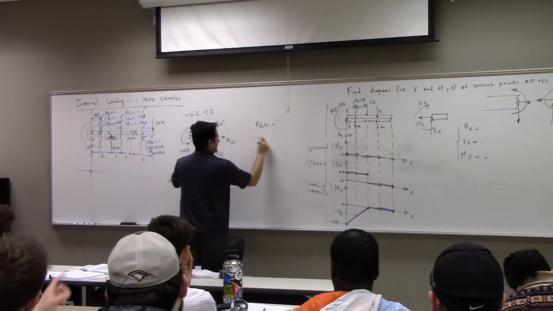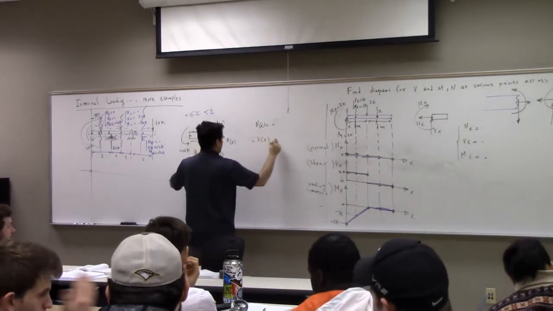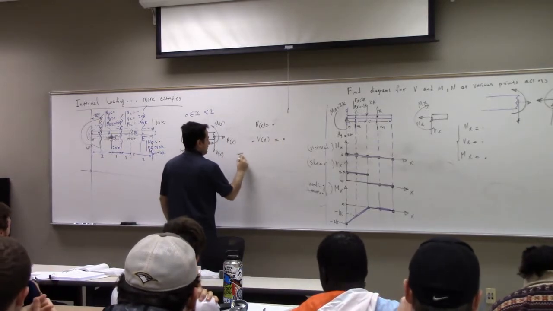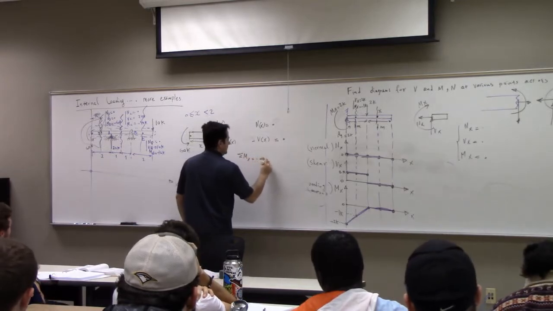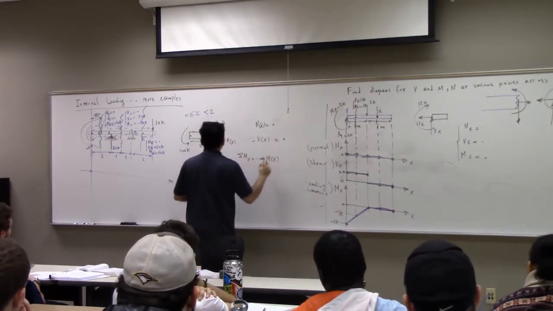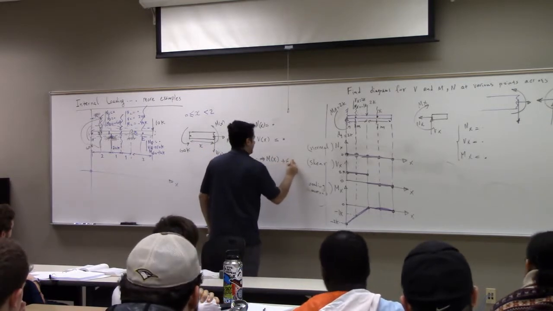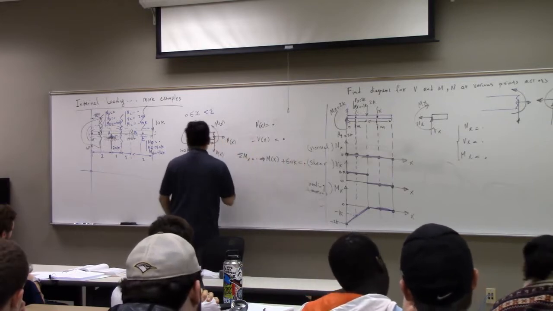Then negative Vx, nothing here, is equal to 0. And then the summation of moment at point x must be 0, which gives you Mx plus 60K times 0. So you get a constant thing.